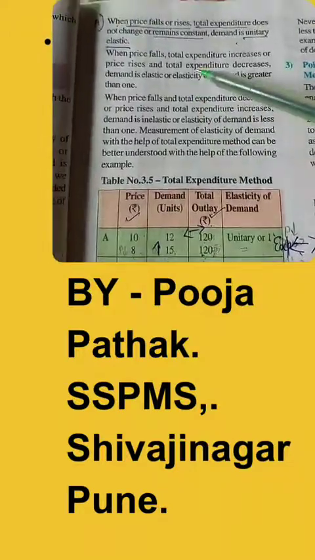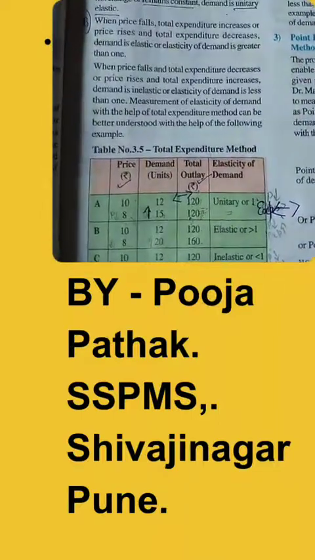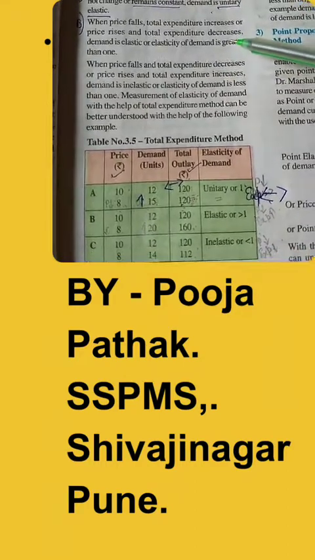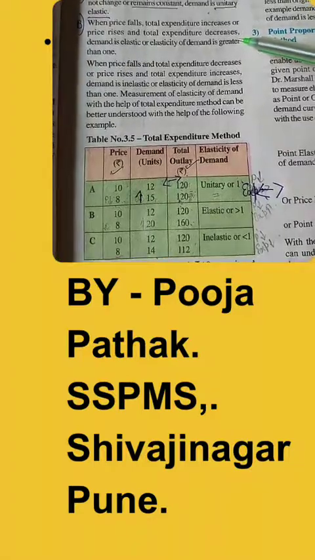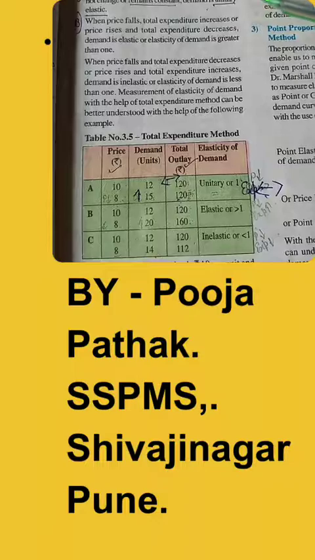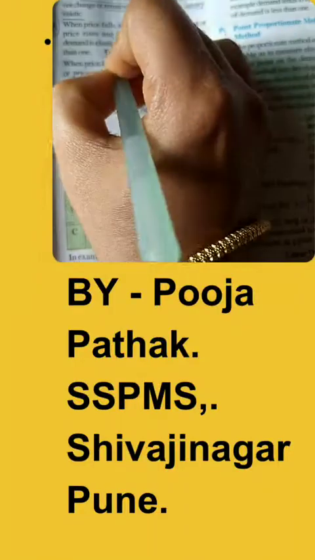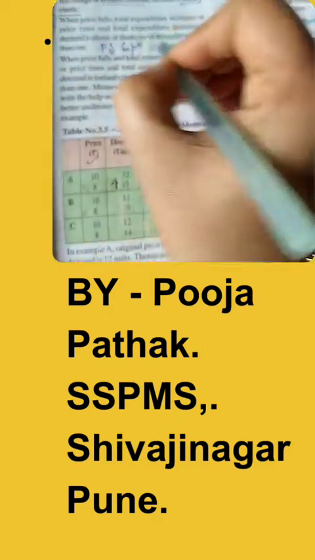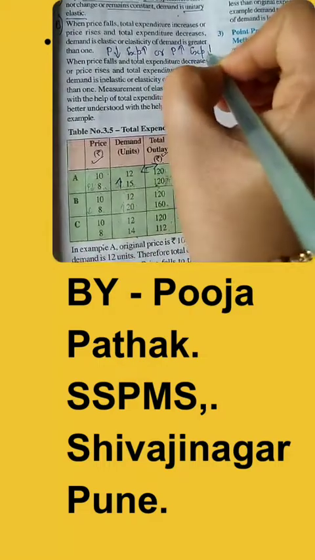Now coming to the second point, B. When price falls, total expenditure increases, or price rises, total expenditure decreases.